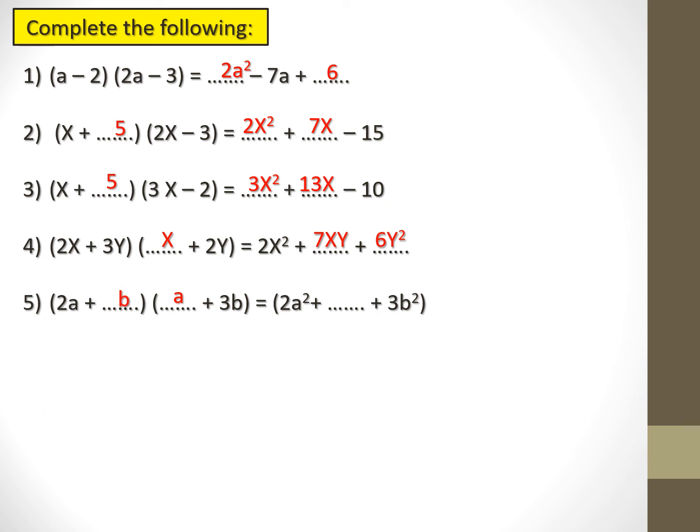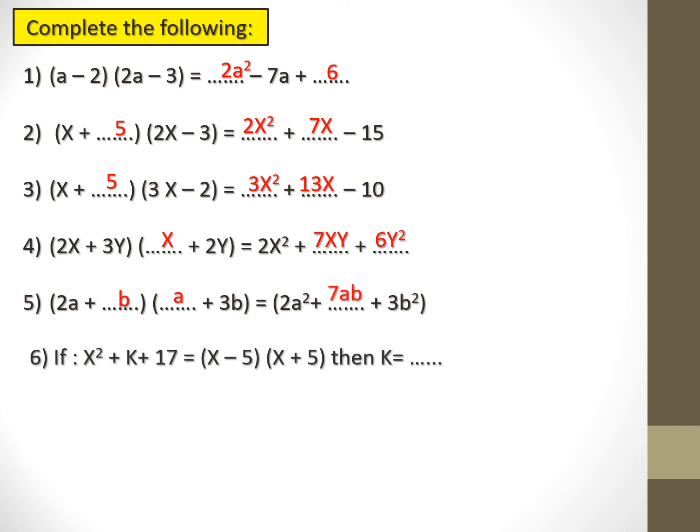The middle term, we will add the product of means, a times b equals ab, and the extremes, 2a times 3b equals 6ab. If we add ab and 6ab, it will be 7ab.